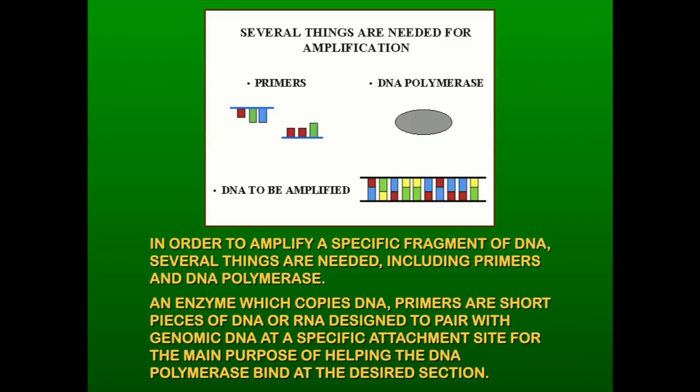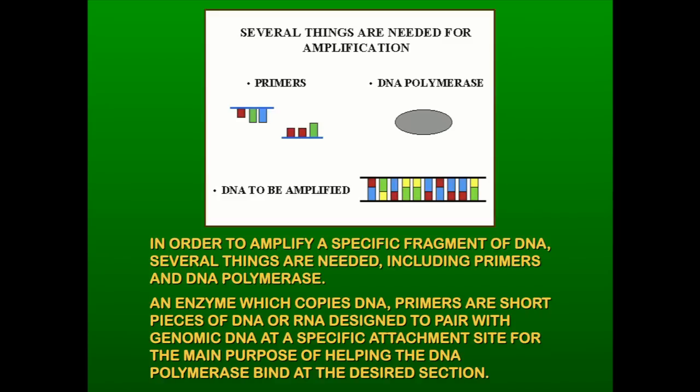The things that are needed for amplification then are the primers for these 13 different loci, the DNA polymerase, which in the PCR reaction must be heat stable. You'll remember from the inventor, Kary Mullis, that this came from microorganisms that were recovered from the hot springs at Yellowstone National Park, where these organisms are capable of replicating their DNA in boiling water.